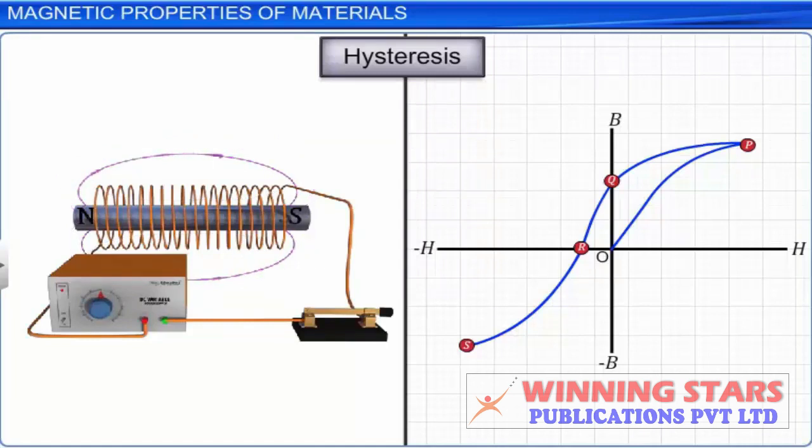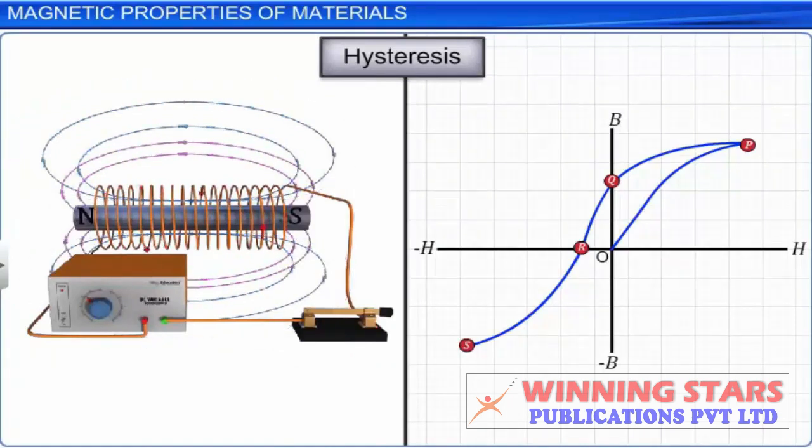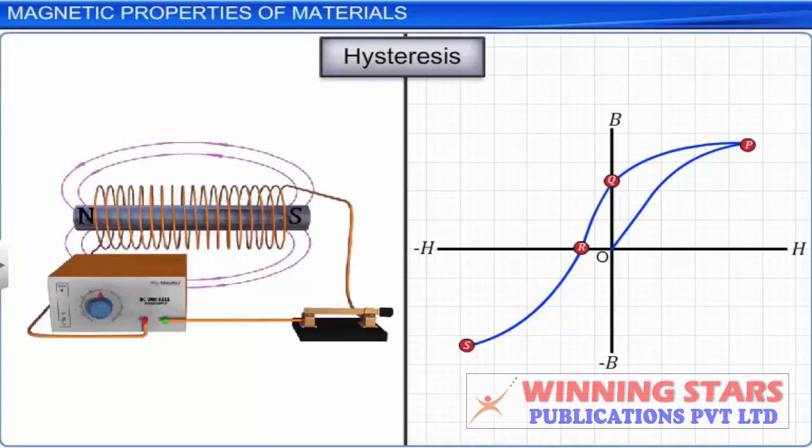But the magnetic field strength in the ferromagnetic material is not 0. This is represented by ST in the graph.